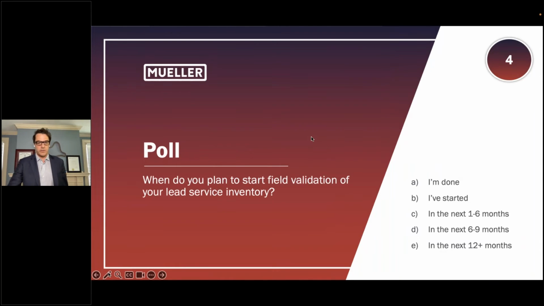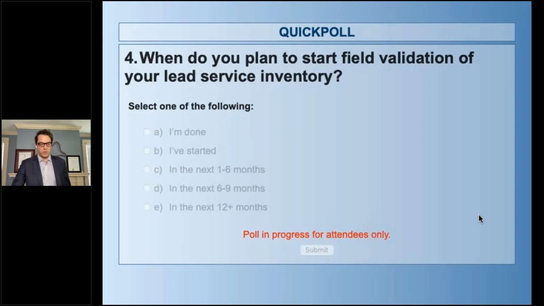Before I get into it, we're going to start with one more poll. The question is, when do you plan to start field validation of your lead service inventory? The options are A, I'm done, B, I've started, C, in the next 1 to 6 months, D, in the next 6 to 9 months, or E, in the next 12 plus months.